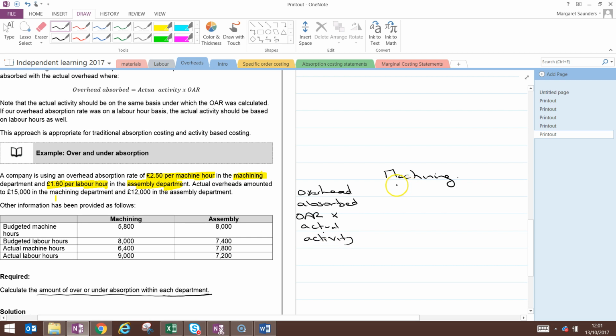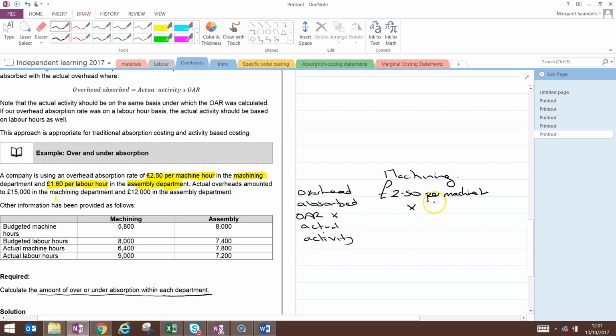So for machining, we know the overhead absorption rate is £2.50 per machine hour. So we multiply that by the actual activity.